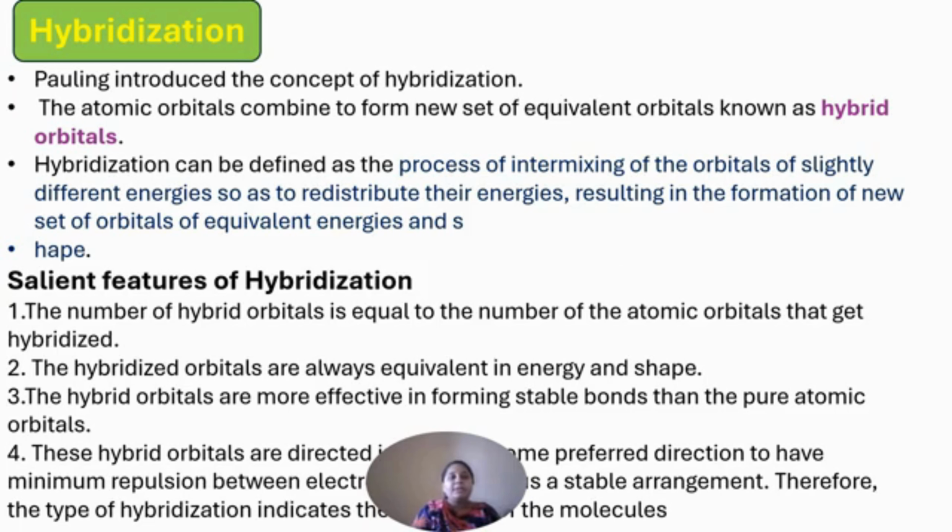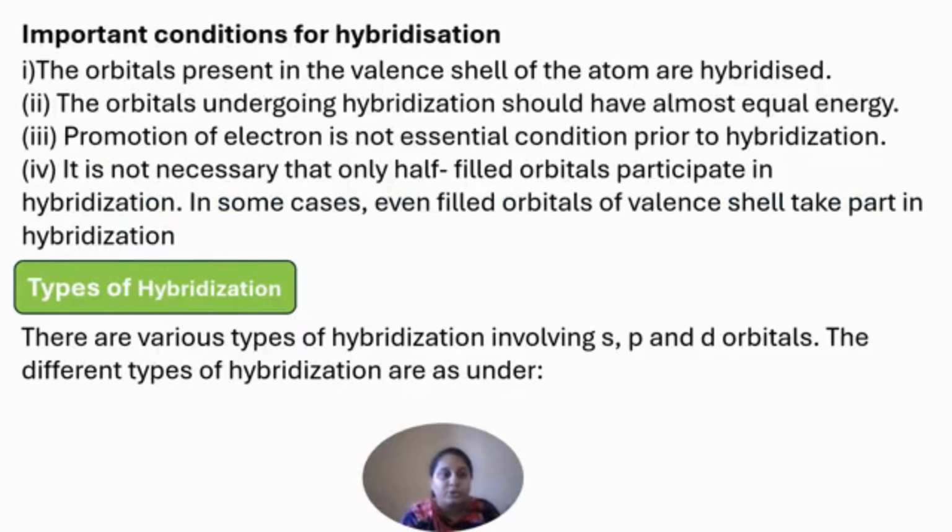The hybrid orbitals are more effective in forming stable bonds than the pure atomic orbitals. These hybrid orbitals are directed in preferred directions to have minimum repulsion between the electrons, which results in a stable arrangement. So the type of hybridization indicates the bond formation in the molecules.